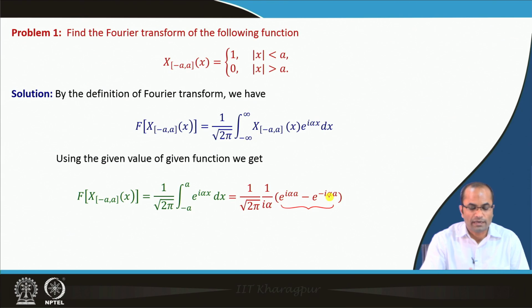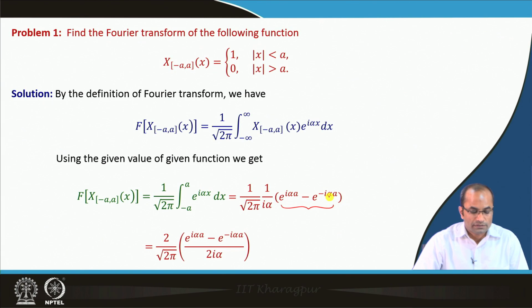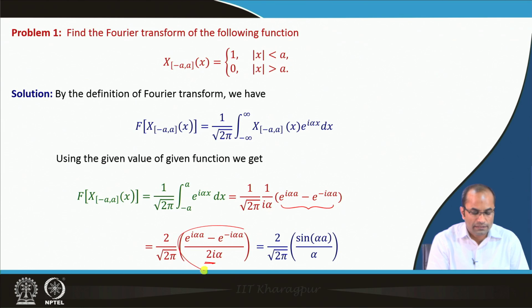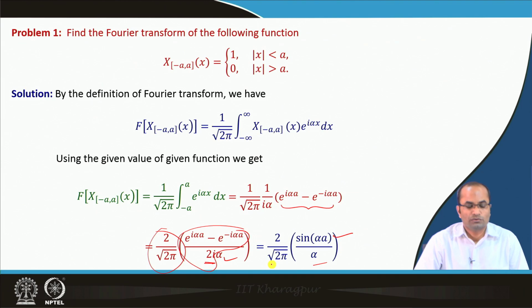We can also rewrite this in terms of the sine function. By introducing here this 2i, we have basically sine a alpha divided by alpha, and then the outside factor is square root 2 over pi, or 2 over square root 2 pi.